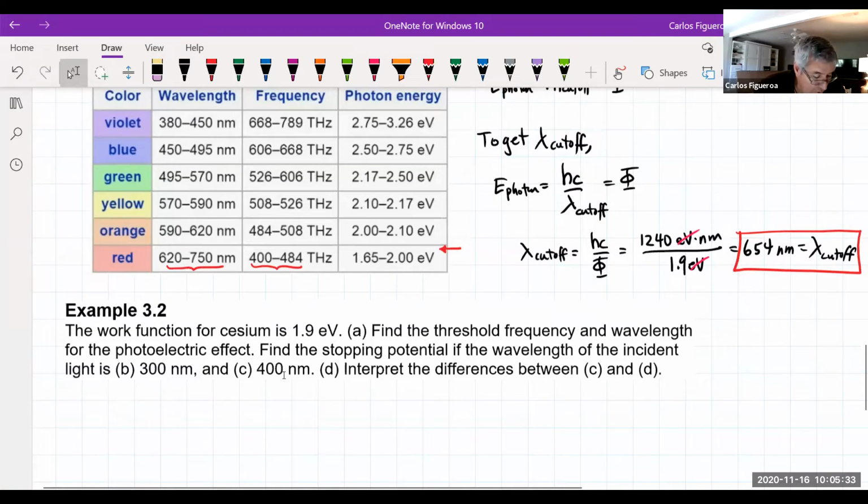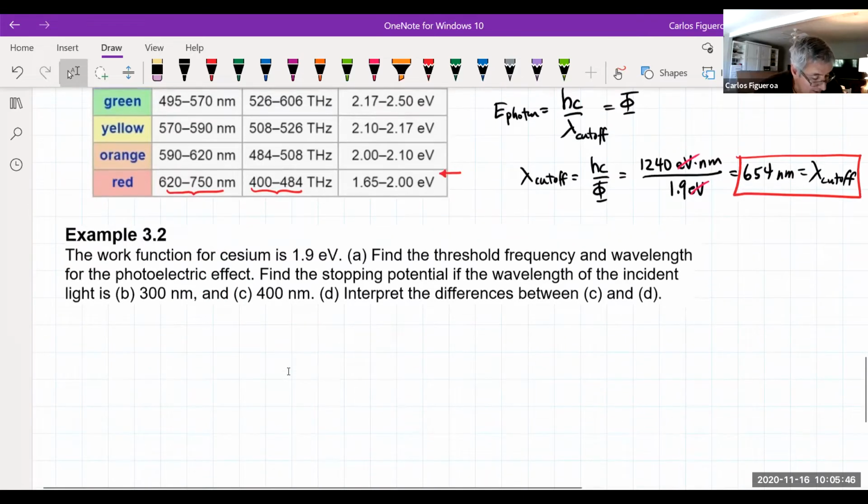Now, granted, we know what this is, and we know the wavelengths, but we don't know what the stopping potential is here. So when I'm looking at this, if we want the stopping potentials, I think this is question B, C. So let's look.